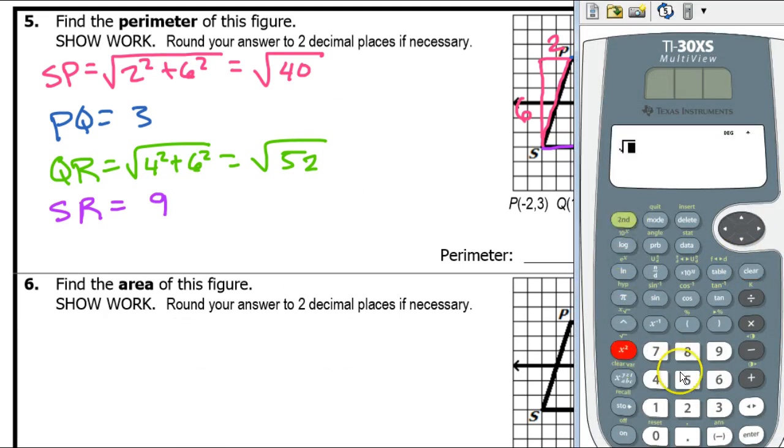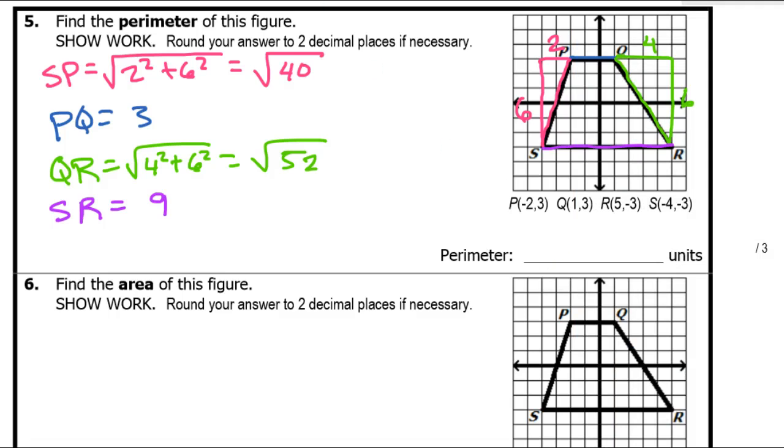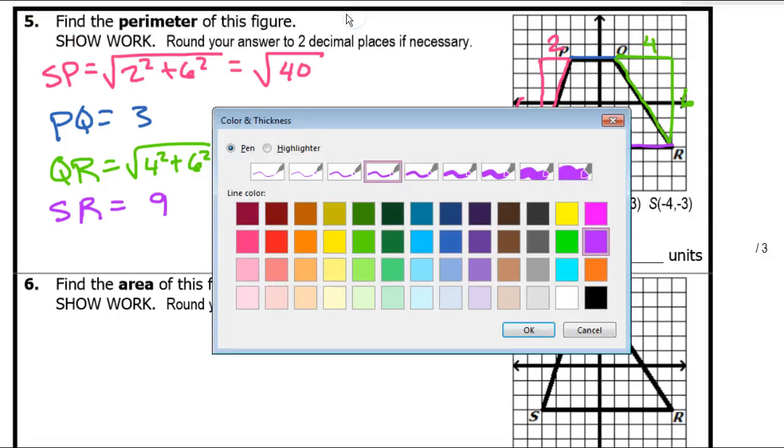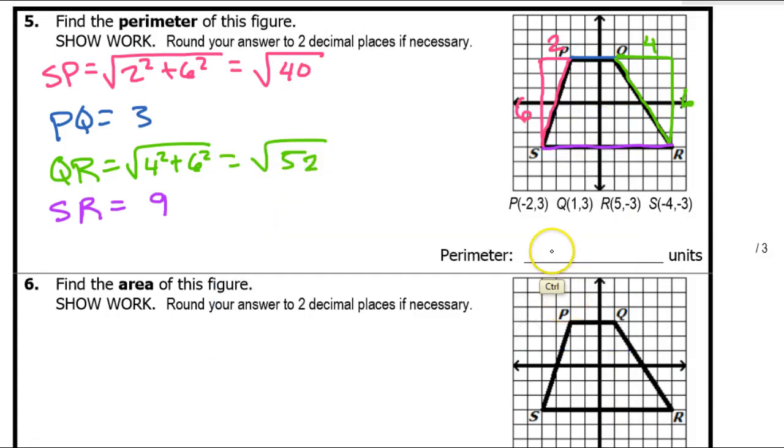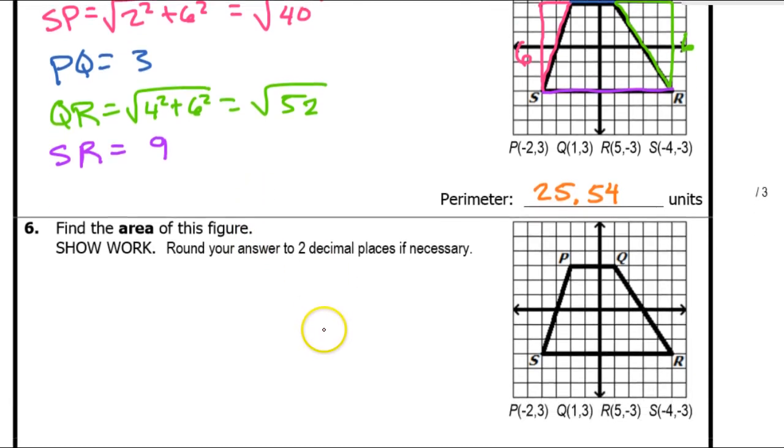So it will be the square root of 40 plus 3 plus the square root of 52 plus 9. So it's 25.54, rounded. All right, 25.54.